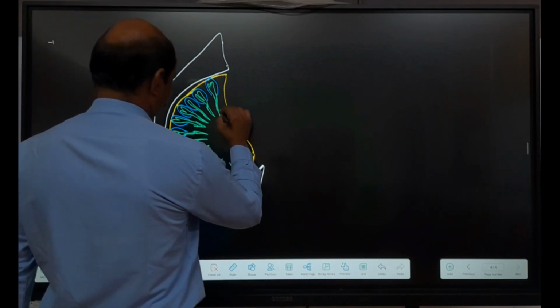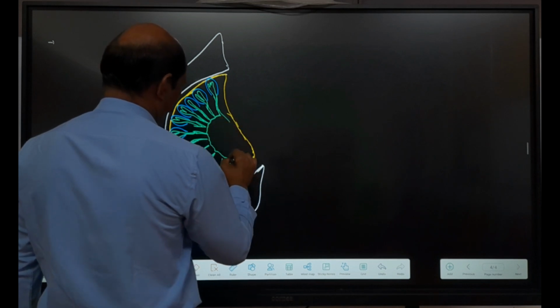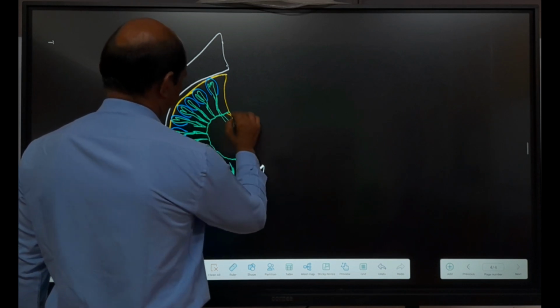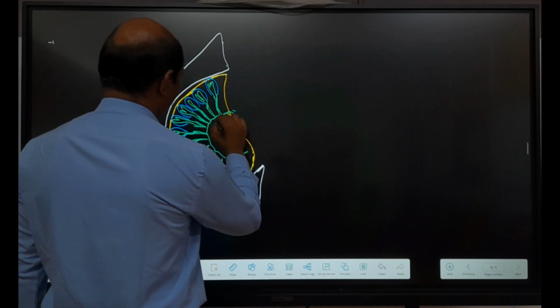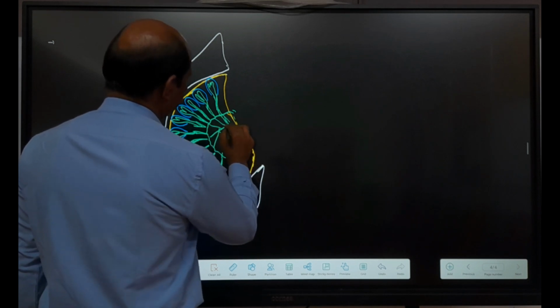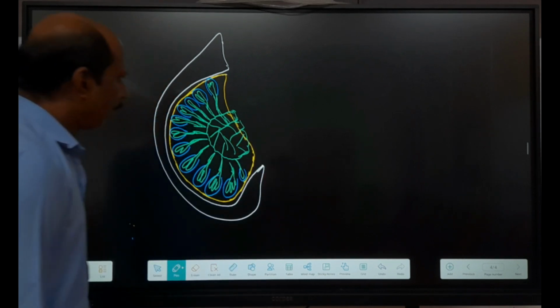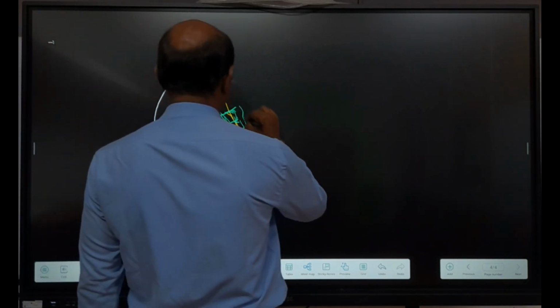They form a network-like structure like this one. I simply draw this one, you can understand, right? So this network-like structure is called rete testis.